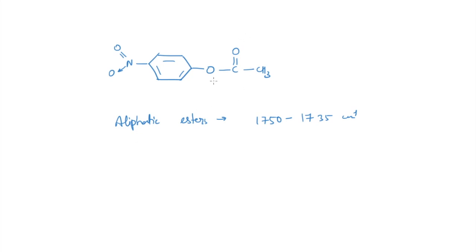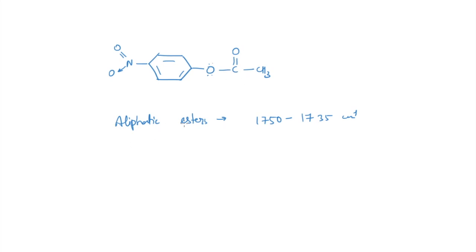Although we don't have that over here, so we don't have to worry about it. But if you have an aliphatic ester and the oxygen is attached to the benzene ring, the oxygen will be in resonance with this particular group, so the conjugation will be reduced on the side of your carbonyl band.